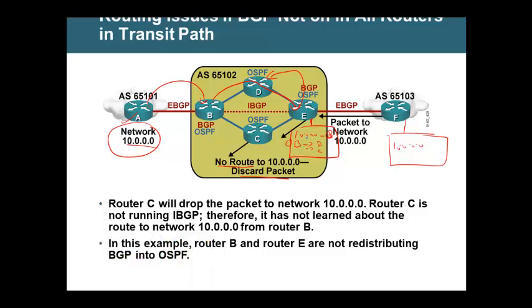And this 10 network is given by EBGP to F. Now, when F forwarded the packet to E, E will forward the packet with the destination address 10.0.0.0, but D does not know. D did not learn it, so it will drop.